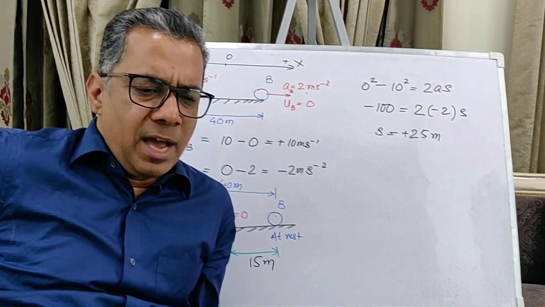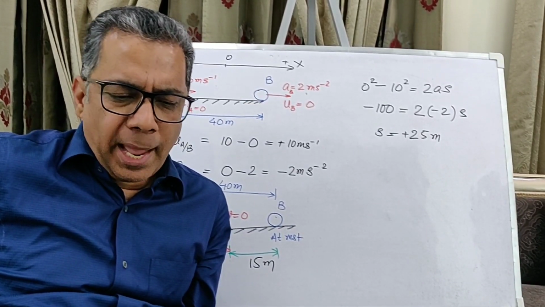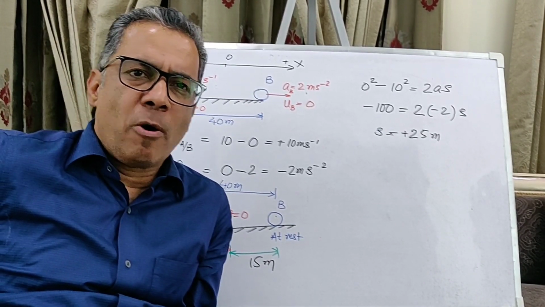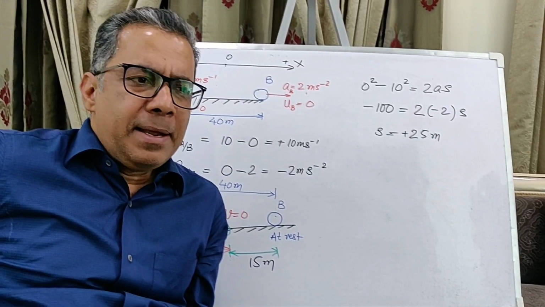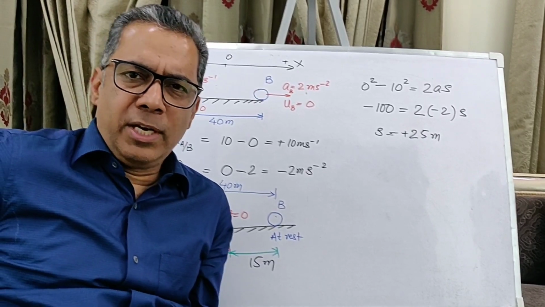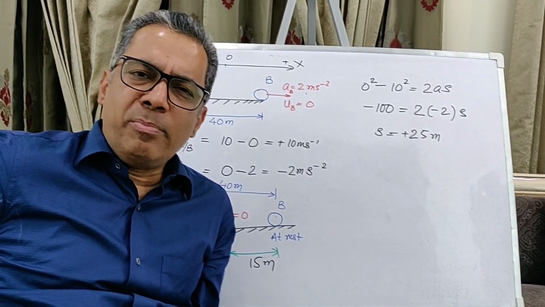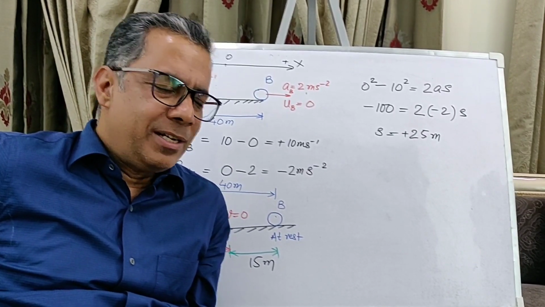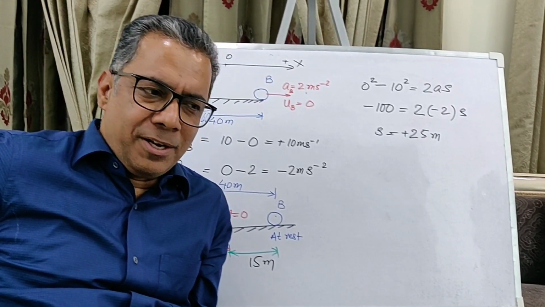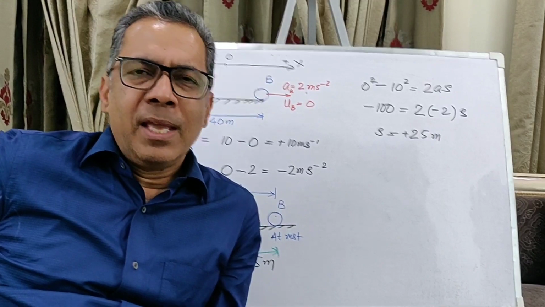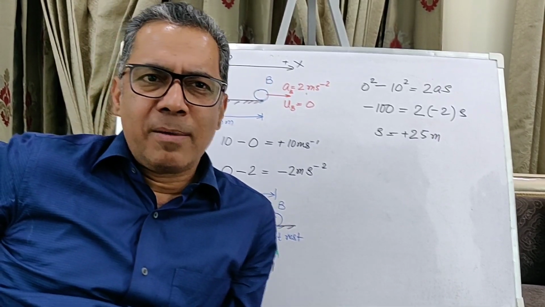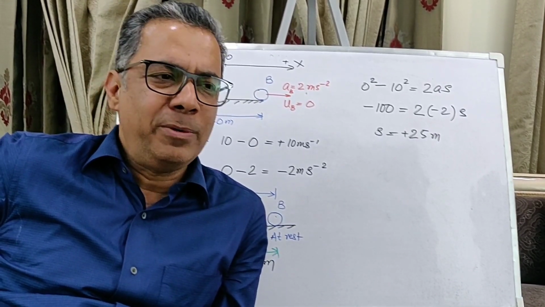Now, we are pretty much at the end of our topic of straight line motion. In our next video, which for the moment will be the last for the current session, will be the last video on straight line motion. In that video, we'll be discussing some miscellaneous kind of problems.